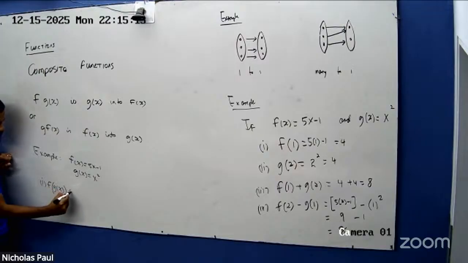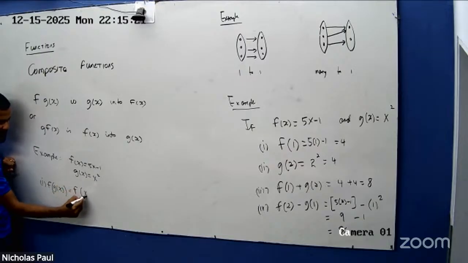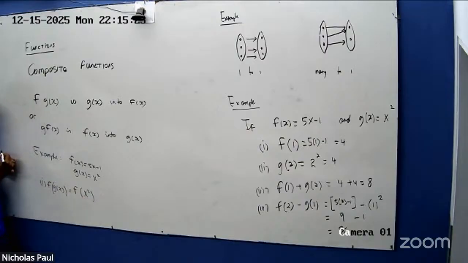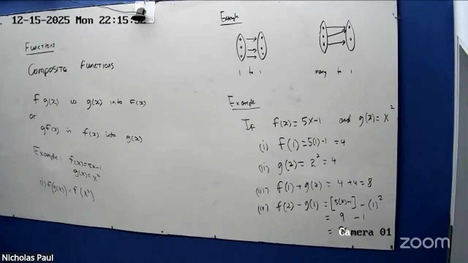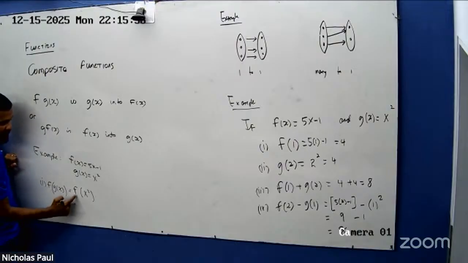Then what you have to do is you're no longer writing g of x. You're going to write what g of x is. g of x is x squared. Look, we have it here, right? So take off g of x and put x squared. Next step, I want you to find f of x squared.